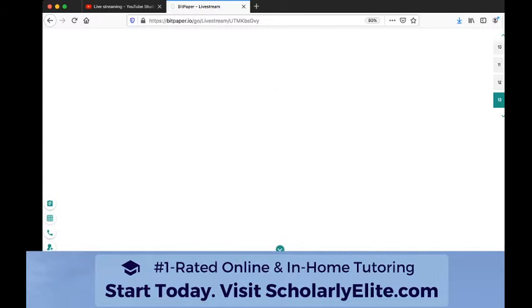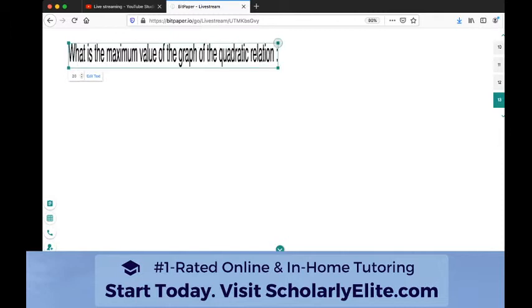Let me just move this over quickly. So the question is: what is the maximum value of the graph of the quadratic relation? Let me move this up and make this larger.